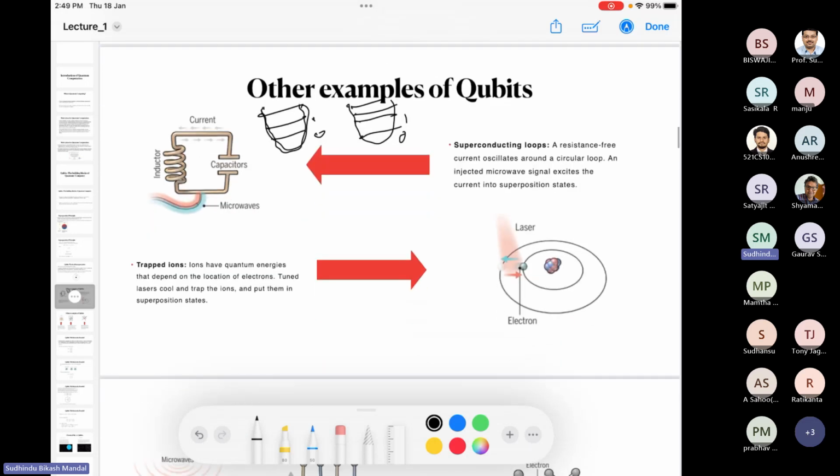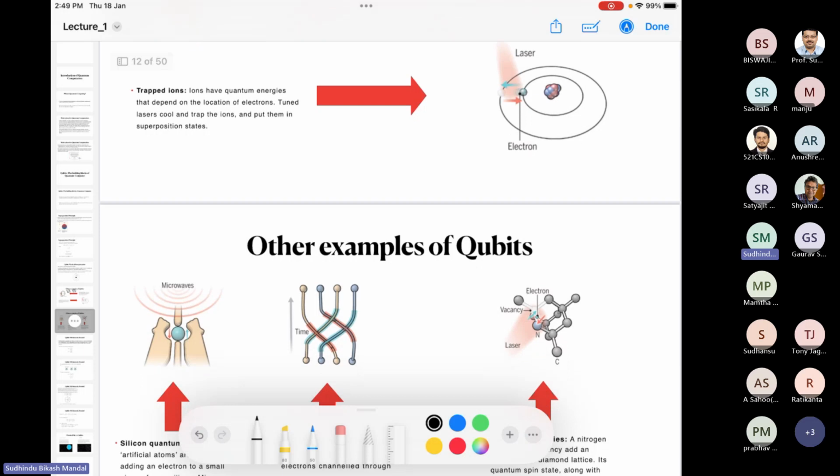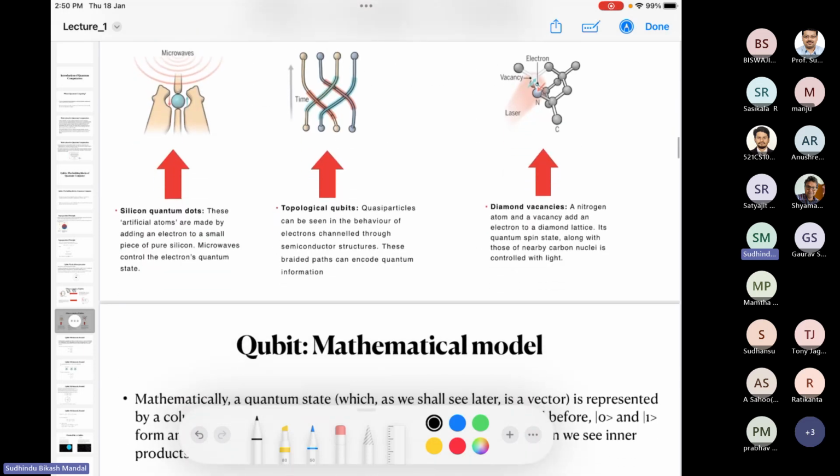But I don't have enough idea about trapped ion technology, because I never visited a trapped ion lab. In our lab there is also another qubit we are preparing, a photonic qubit.